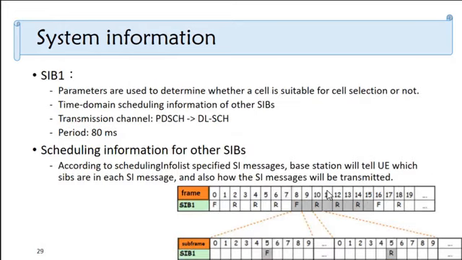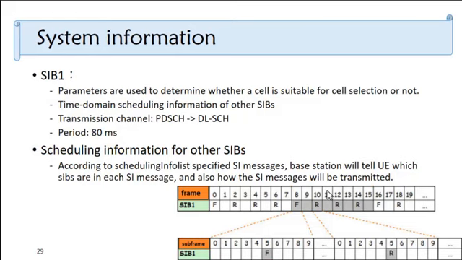The SIB1 is transmitted in subframe 5. The SIB is used to determine whether the cell is suitable for cell selection or not. We can know that not all SIBs must exist.